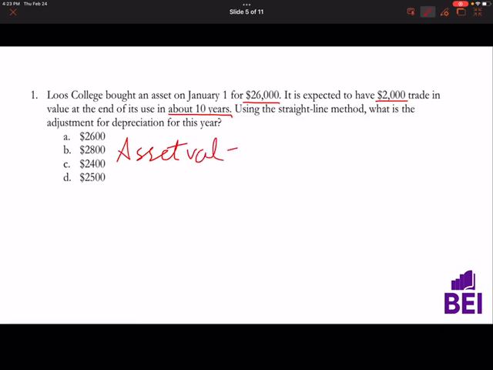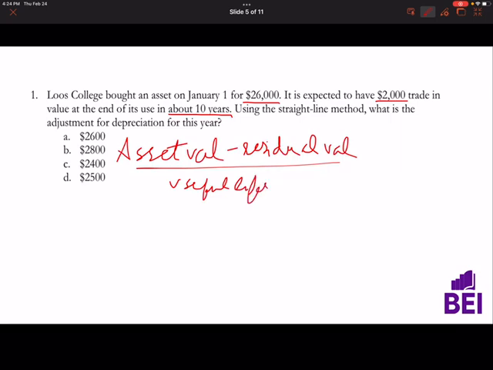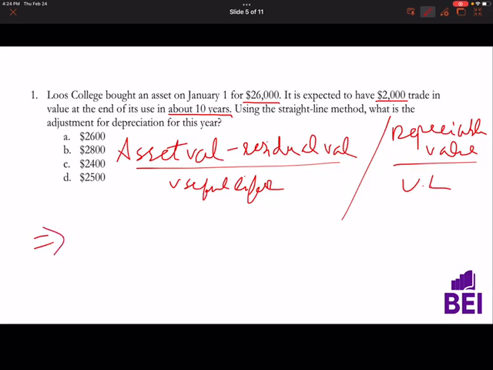Let me write down the formula so you can get a quick recap. We know that the asset value minus residual value, divided by useful life, is going to give us depreciation for 1 year. And this can also be written as depreciable value divided by useful life.